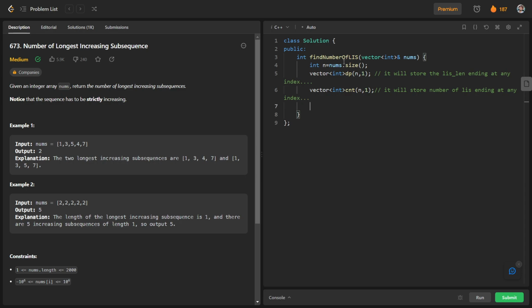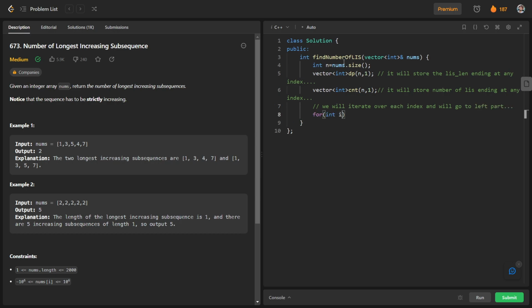Okay, so we will iterate over each index and go to the left part. So for int i is equal to 1, i less than n, i plus plus, we will go on the left part. For int j is equal to i minus 1, j greater than or equal to 0, j minus minus.